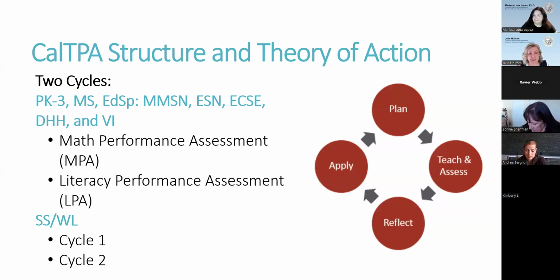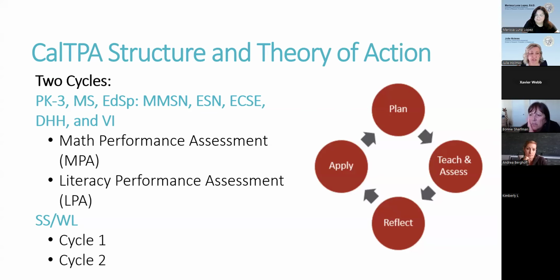That's planning one lesson. And the literacy performance assessment is assessment-driven literacy instruction. For single subject and world language, they still have the cycle 1 and cycle 2 structure. Cycle 1 is the same thing, learning about students and planning their content-specific lesson. And cycle 2 is assessment-driven instruction as well.